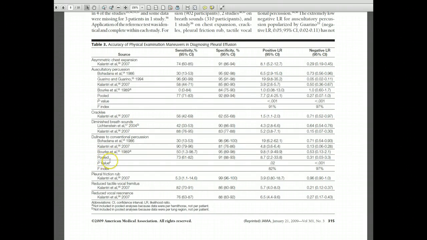And here you'll see pooling. So if there are multiple studies that can be combined, they'll do a pooled estimate using meta-analysis of the sensitivity, specificity, positive, and negative likelihood ratios. I encourage you to look at the pooled estimates when available. It's not an average of these, but a weighted pooling using statistical techniques.